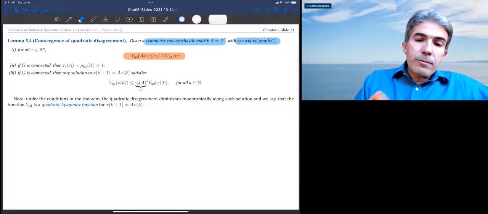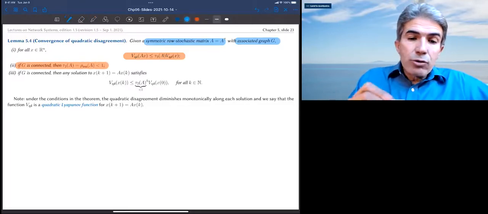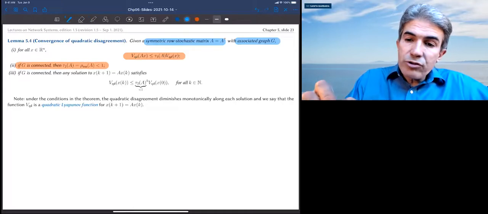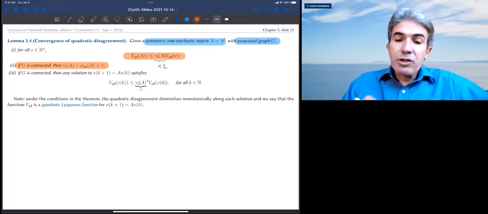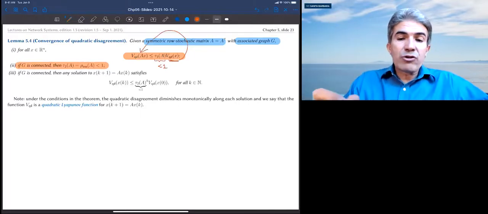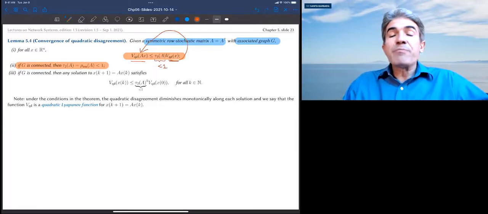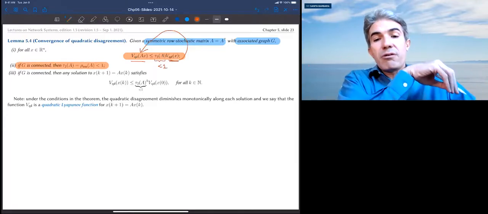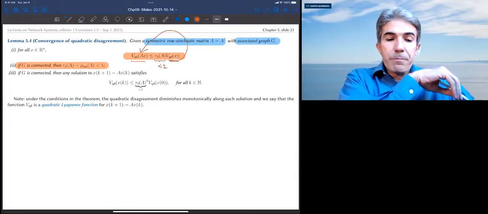And moreover, okay, this I've discussed. And moreover, I now know, therefore, that this quantity here, this tau 2, is strictly less than 1. And so now this is saying that if I take the quadratic disagreement and I map it one instant of time in the future, and I obtain the quadratic disagreement at Ax, it has strictly decreased by a factor tau 2, the 2 coefficient of ergodicity.